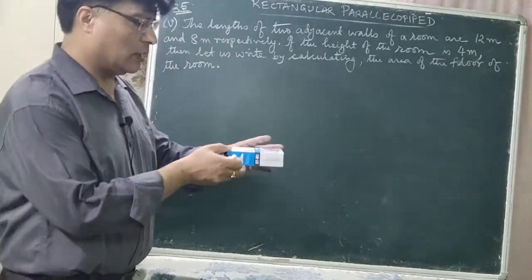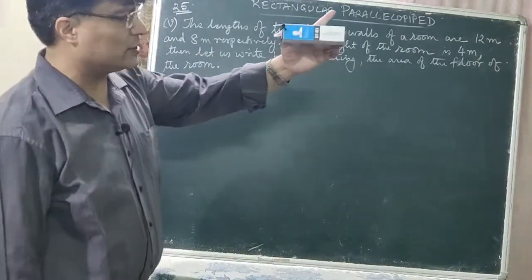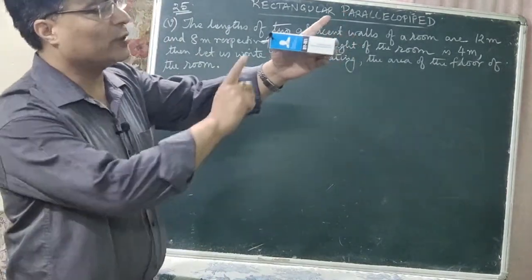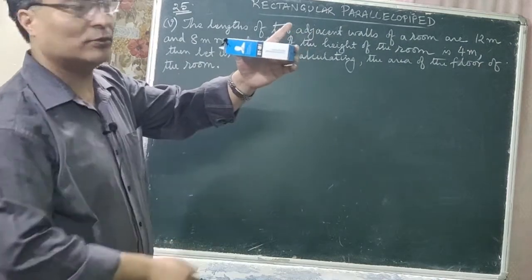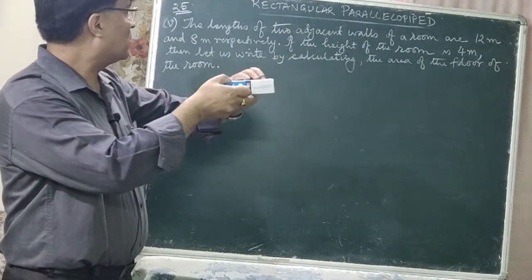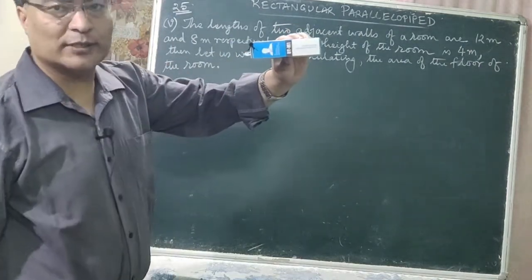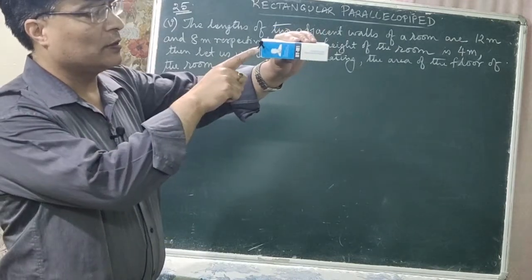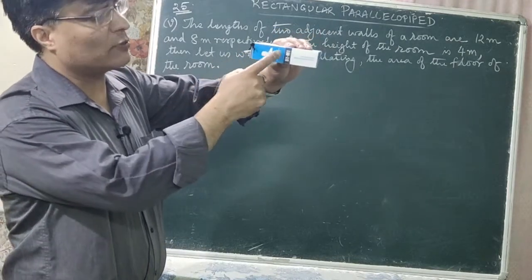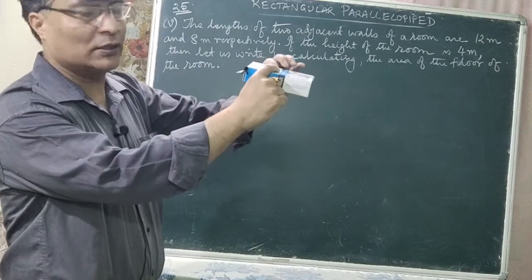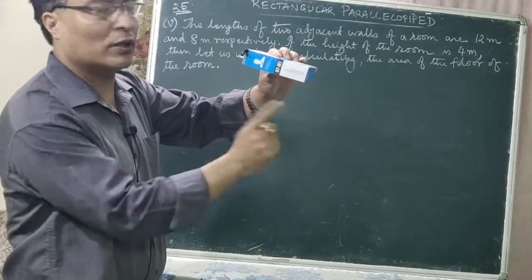Suppose you can take this rectangular parallelopiped, you can consider it as a room. There are 4 walls of a room, isn't it? Suppose this is a room, this is the first wall, second wall, third wall, this is the fourth wall. So how many walls are there? 4 walls are there.